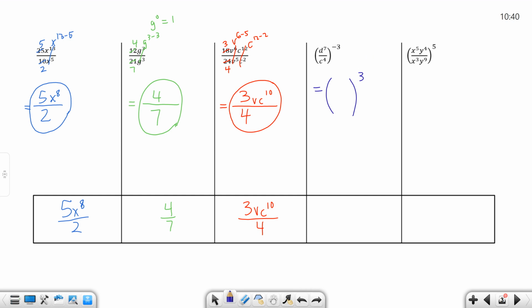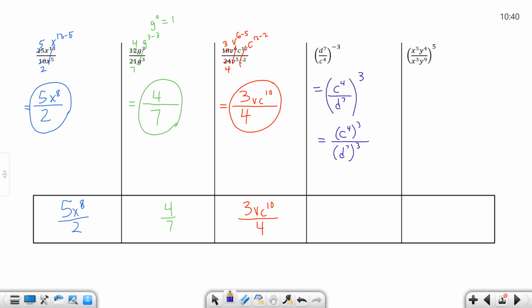So if I want to flip it, then I'm going to put c to the 4th in the top now and d to the 7th. That's all you do. If it's in parentheses and there's a negative exponent outside the parentheses, you flip the parentheses, but you simplify inside the parentheses first, order of operations. There's just nothing to do on this one first. So then if you recall, we did c to the 4th to the 3rd power, and also d to the 7th to the 3rd power.